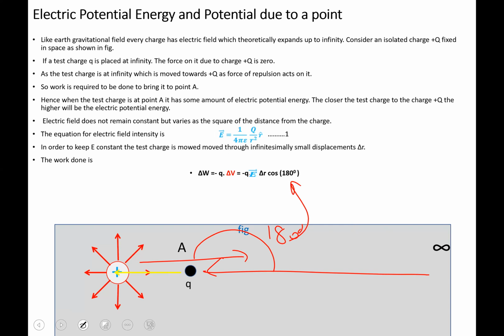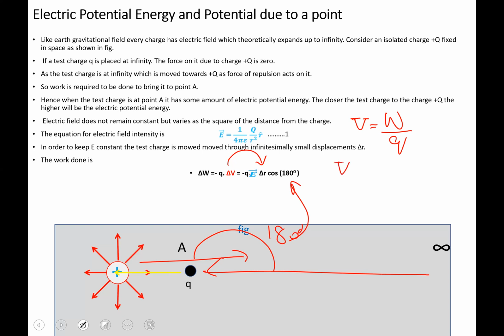But how do we prove that delta V is equal to delta R into E? Now we have the formula that V is equal to W over Q. That means electrical potential is equal to work done per unit charge.